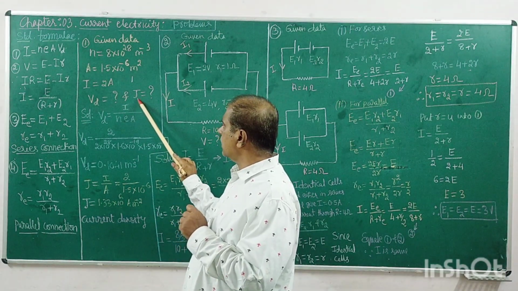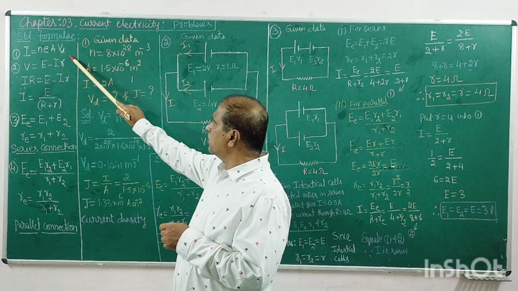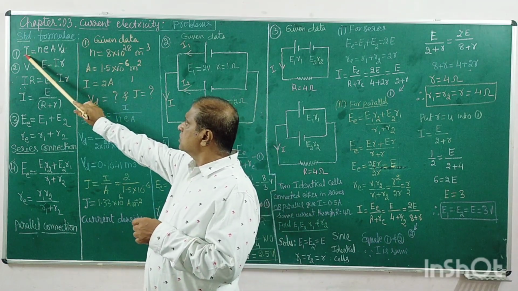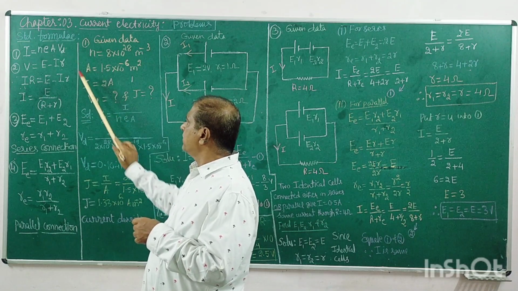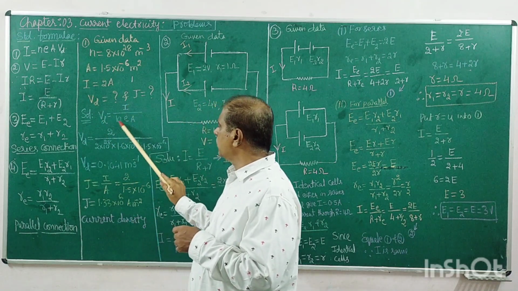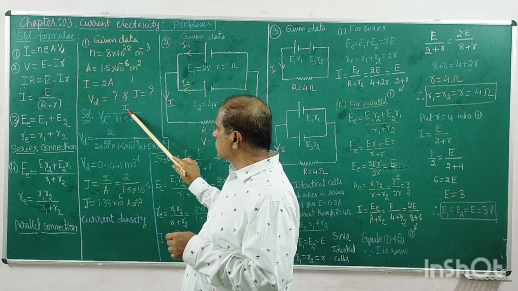J stands for current density. This equation is applicable, and in this equation all these are given except Vd. So we can write Vd equals I divided by N E A. Substitute the values.